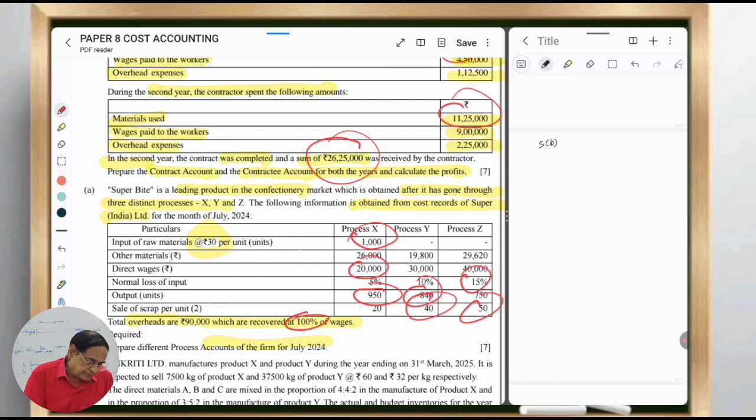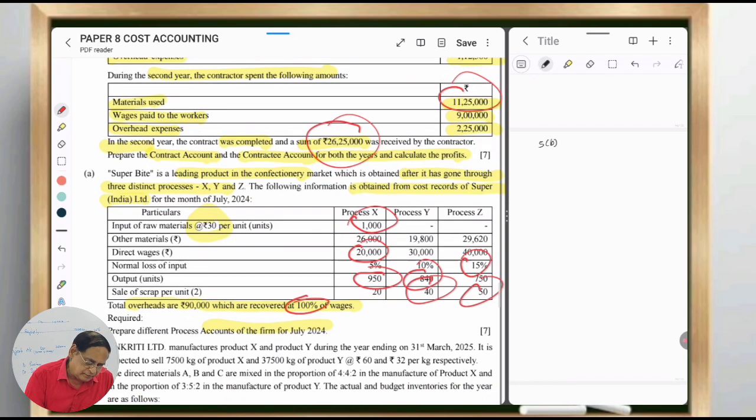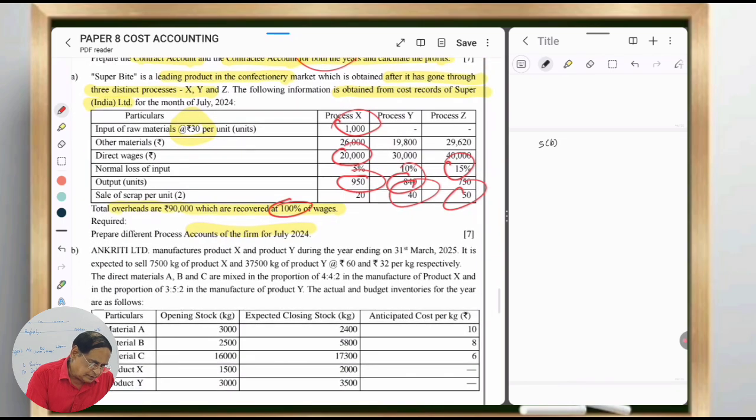The particulars, the input of the raw materials, and so on.